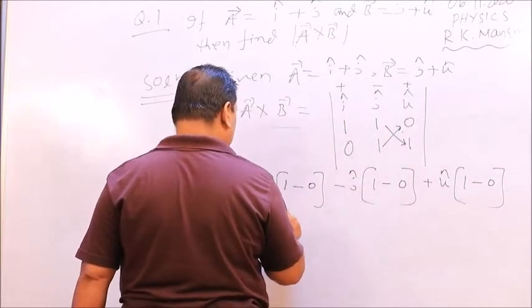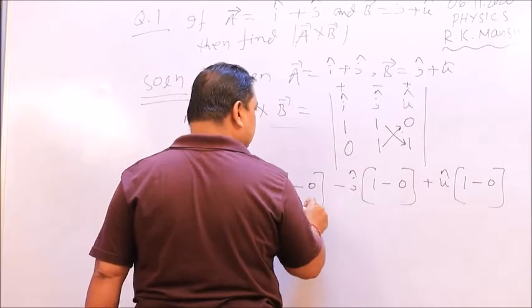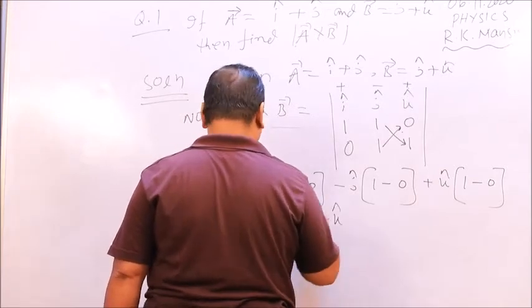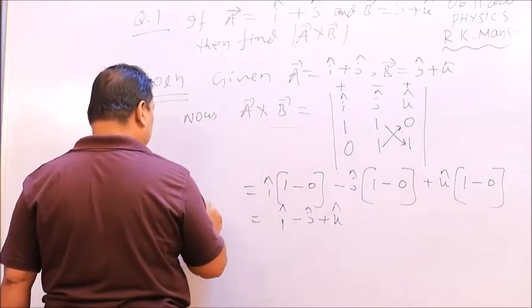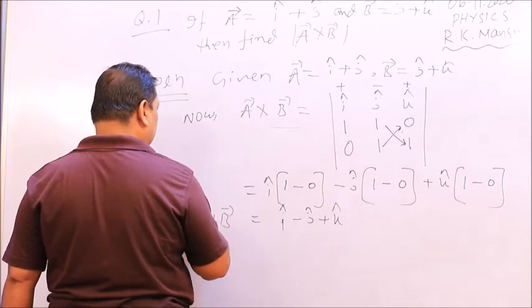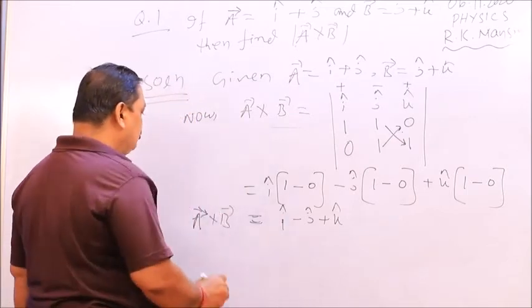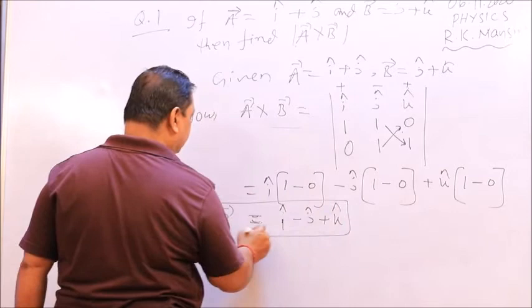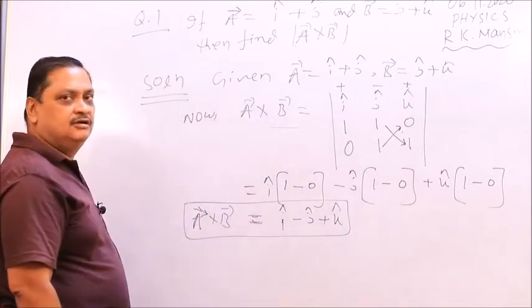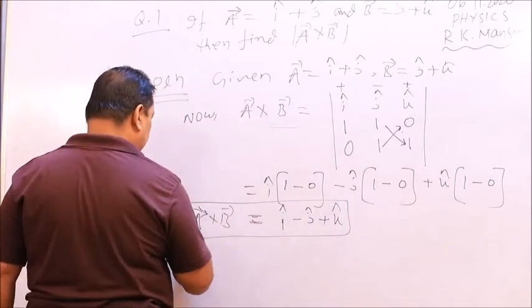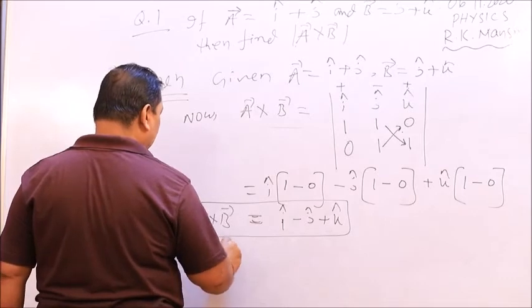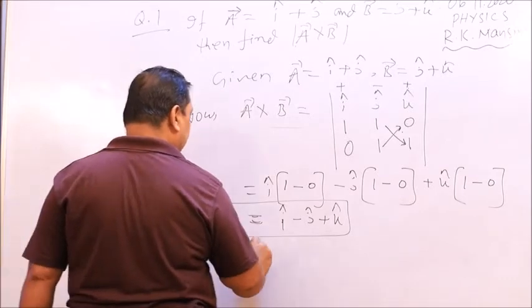This is i cap minus j cap plus k cap. So A cross B gives the new vector i cap minus j cap plus k cap. Then find the magnitude of A cross B.